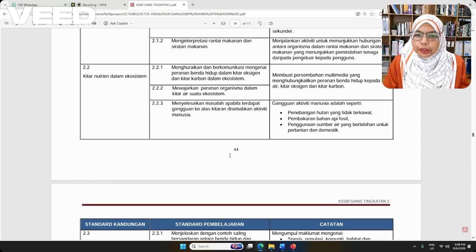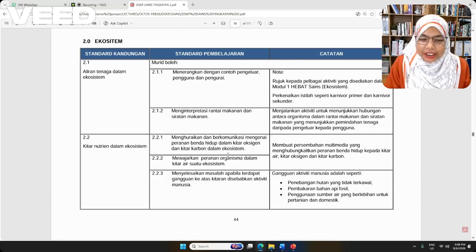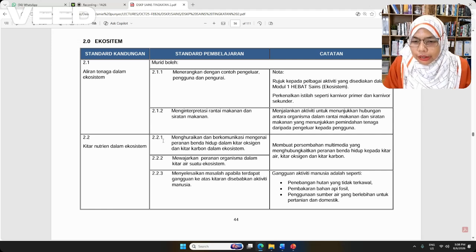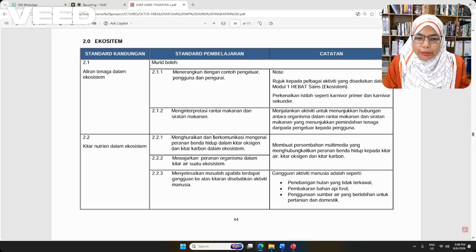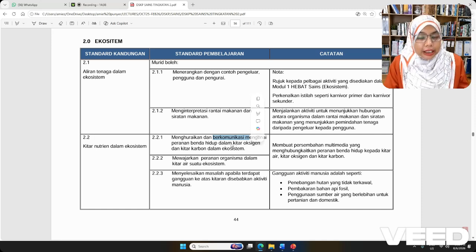Okay, so we need to have the knowledge and comprehension in selecting the right learning standards. Let's look at 2.1, menghuraikan dan berkomunikasi. So because we have berkomunikasi here, it means that these particular learning standards should be captured by presentation-based assessment. But we also have menghuraikan di sini.